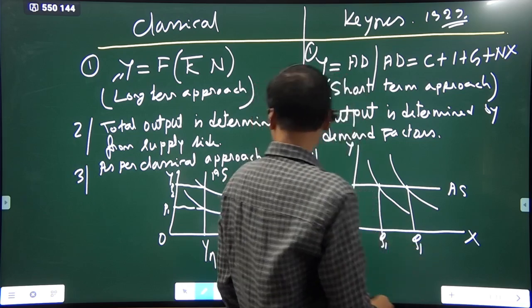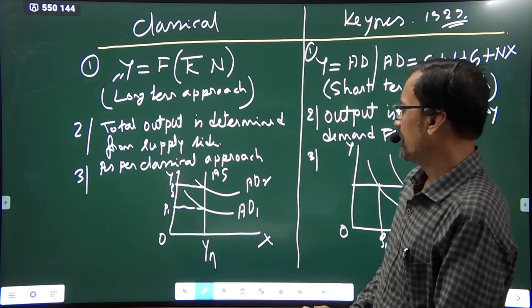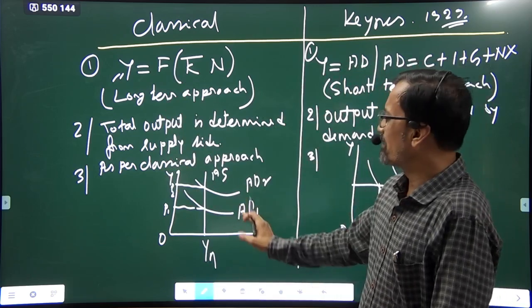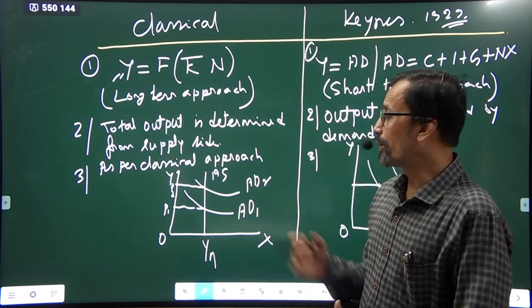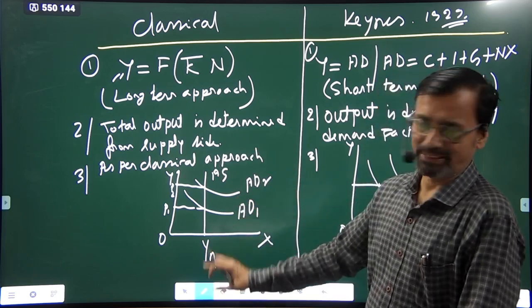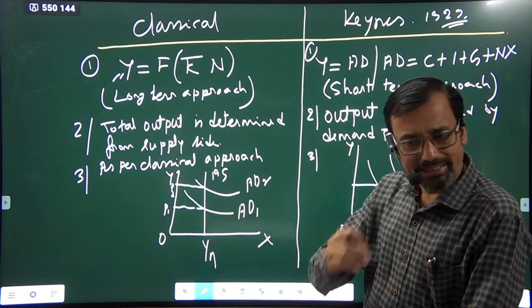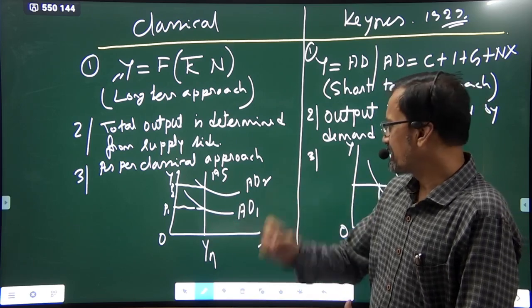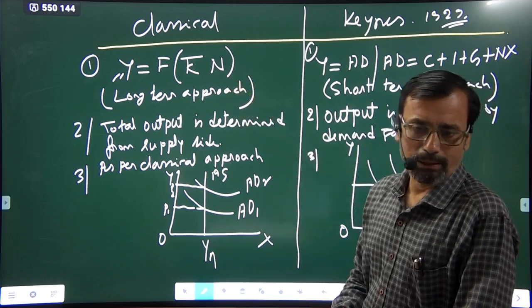Now here it is indicated that in the classical case, aggregate demand just determines what the price will be for what the economy produces. Try to understand one thing here: what will be the price for the output that the economy produces? That is the function of aggregate demand in the classical economy.